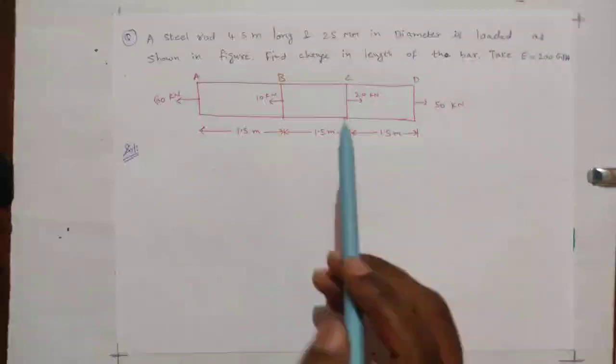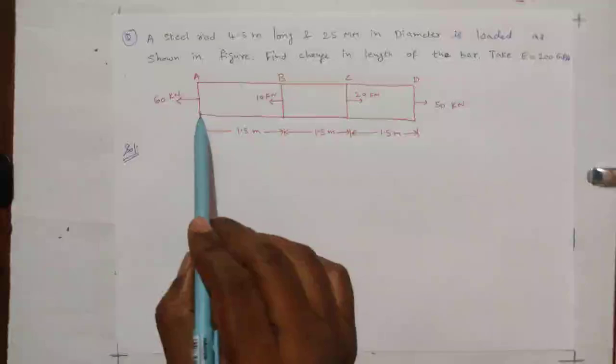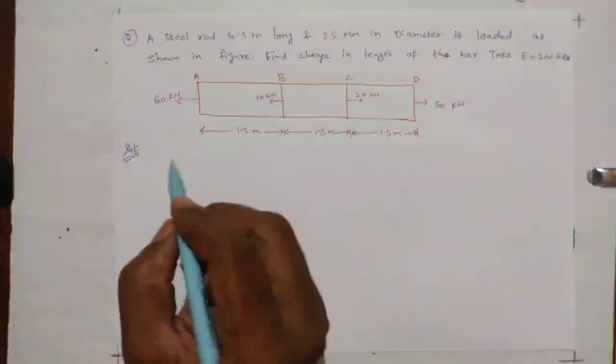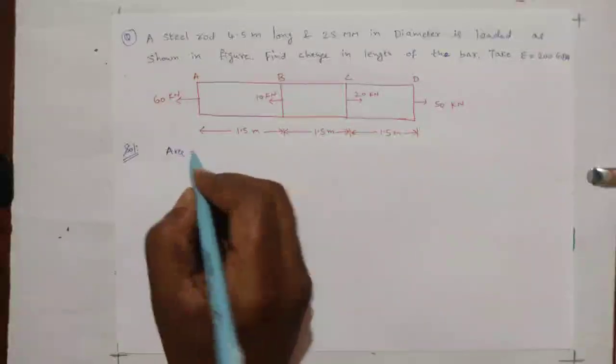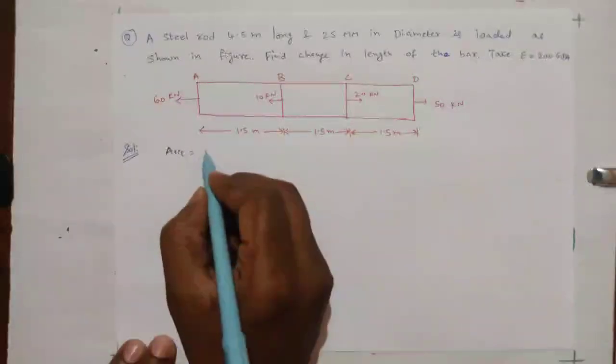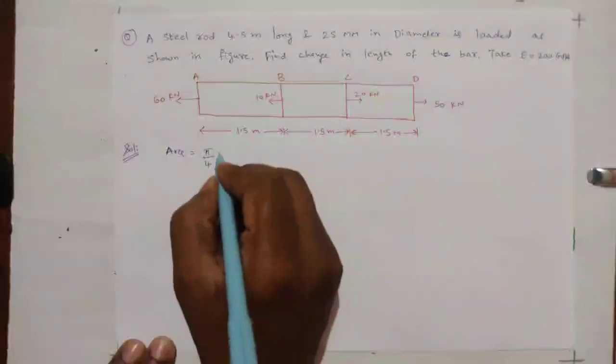Here they have given 25 mm in diameter. Area is the same throughout the section, so first we will find area. We know if the diameter is given, the formula for area is pi by 4 d square.